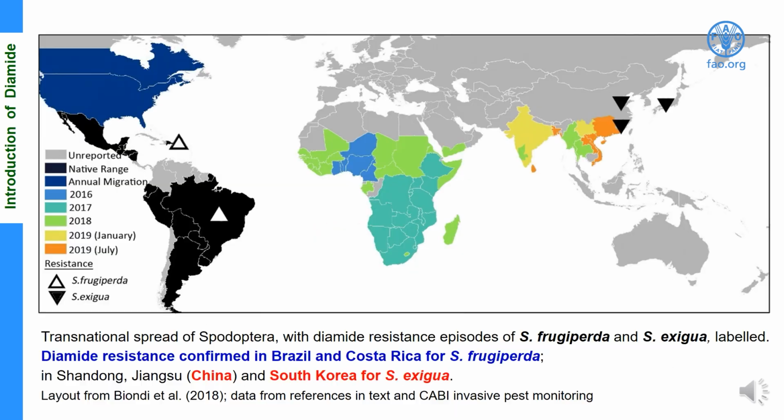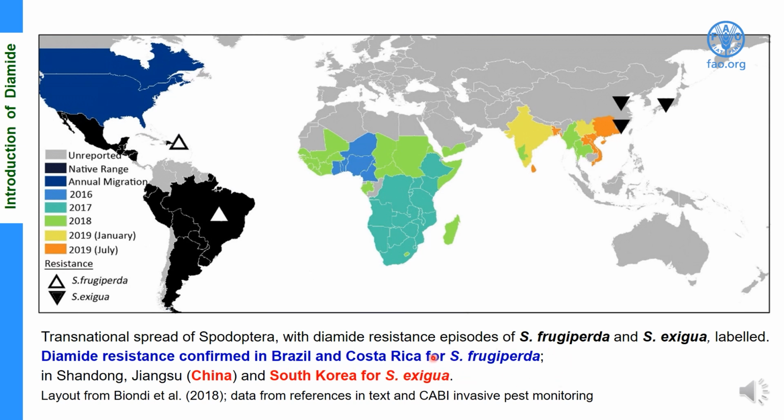As this paper mentions, with the widespread use of diamides, particularly chlorantraniliprole, some insecticide resistance has already been reported. Particularly in Brazil, insecticide resistance in Spodoptera prodenia is extremely high. Diamide resistance was confirmed in Brazil and Costa Rica for Spodoptera prodenia.